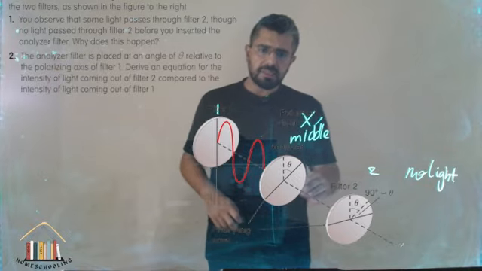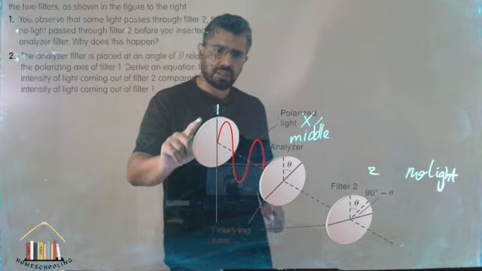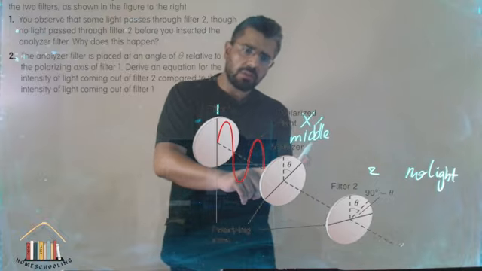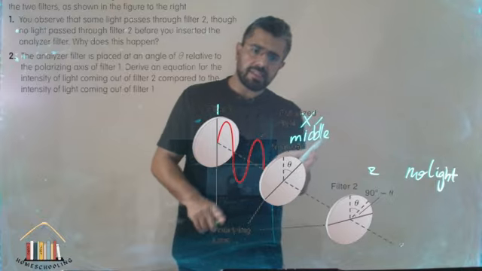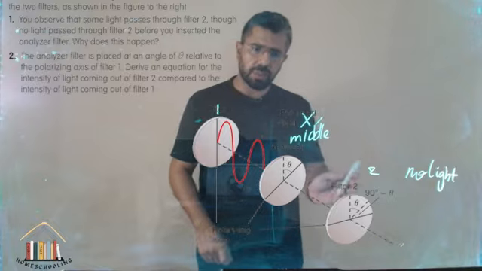After the light is polarized by the first lens, it passes through the second, which only allows light having this oblique angle to pass through.